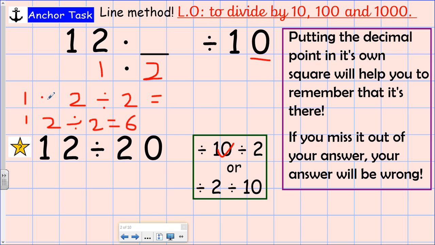So 1.2 is 10 times smaller than 12. We've literally just worked that out. So if I just take my answer here and divide that by 10, then we're sorted. So 6 divided by 10, I'm moving everything along to the right, so that 6 is going to end up in the tenths column. So I know that's got to be 0.6, and to answer our question properly, 0.6 meters.